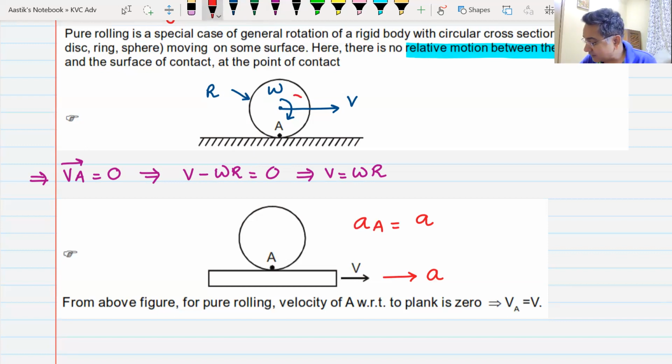If I say that the angular acceleration is alpha and the acceleration of the center of mass is a, you can also find the relation between alpha and a. What will be the relation between alpha and a?